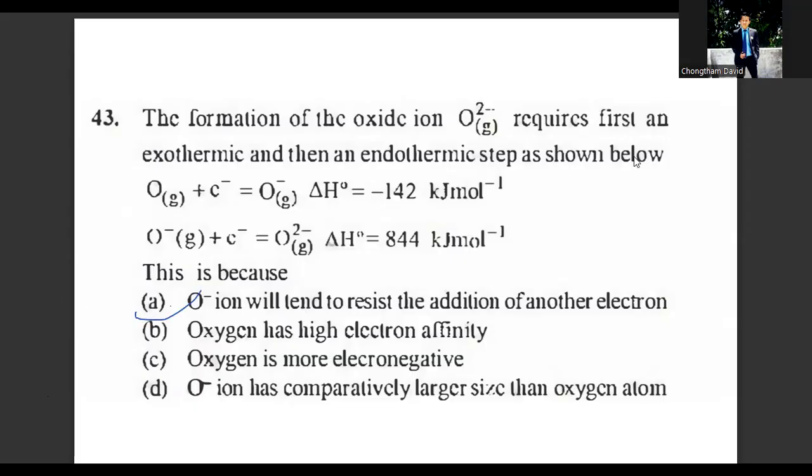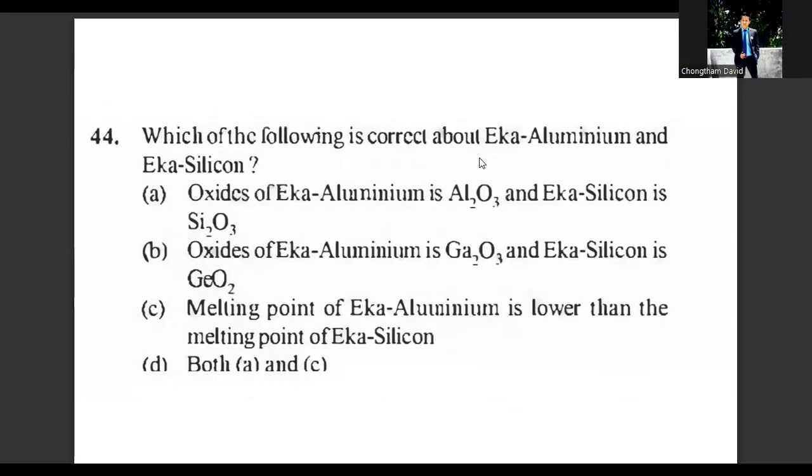So 44, the last question, which of the following is correct about Eka aluminum and Eka silicon? These are oxides. See, oxides of Eka aluminum. What is Eka aluminum? It is gallium. The formula of gallium oxide is Ga2O3. One interesting fact is that when you put gallium in your palm, it melts because its melting point is very low.